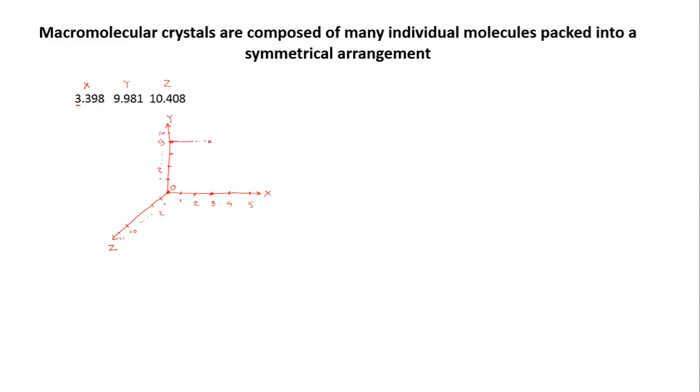You can locate it as something like this. So this is the 9th position, this is the third position, and on the z-axis it is located at the 10th position. That is something like this.